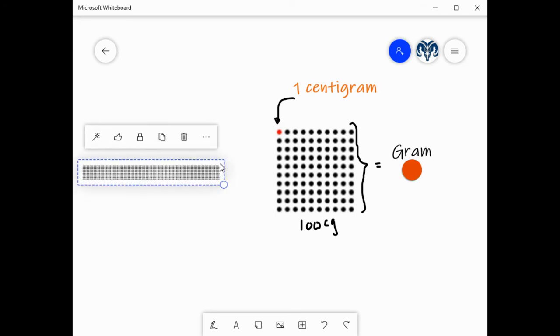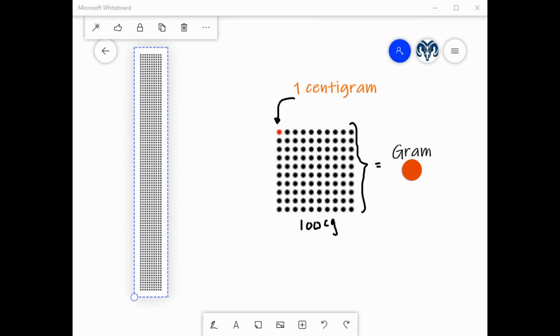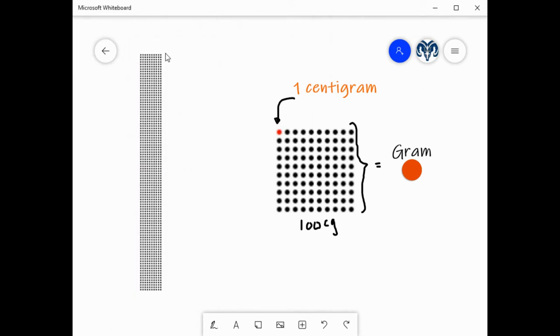Now each one of these little dots, each one of those dots, is a milligram. Each dot is a milligram. So there are 1,000 milligrams in 1 gram.